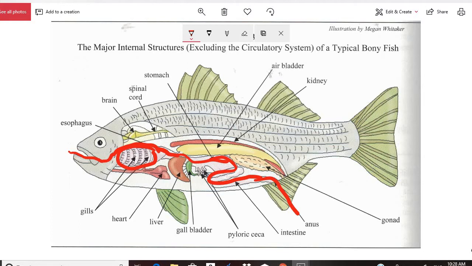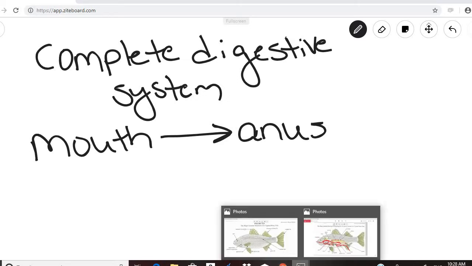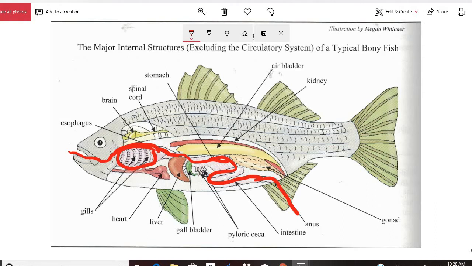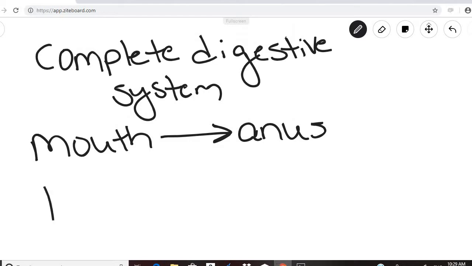I do want to point out that there are several other organs that the fish has that help with digestion. The first one that I want to point out is this organ right here. Let me erase all this other stuff. This finger-like looking thing is called the pyloric ceca.